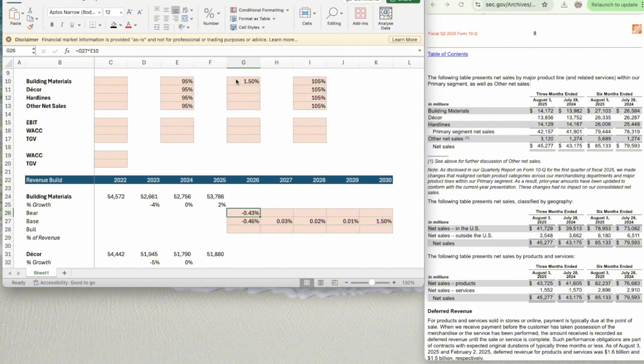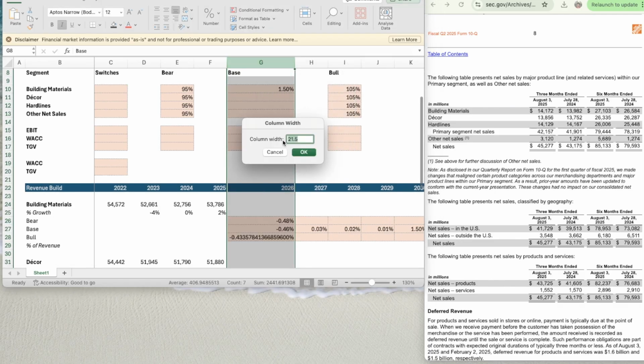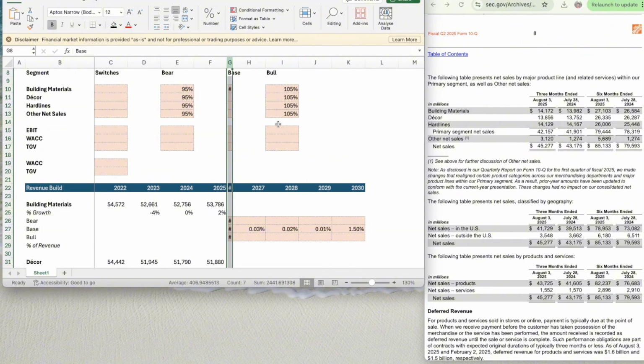Just for this one, we're going to put it as 105%, because we're saying it's going to decrease further if it's a bear market. No, sorry.